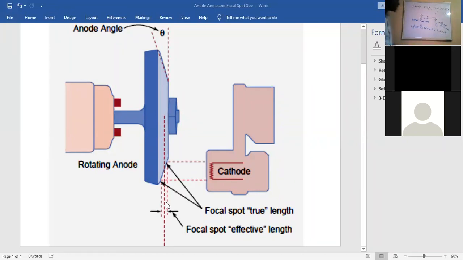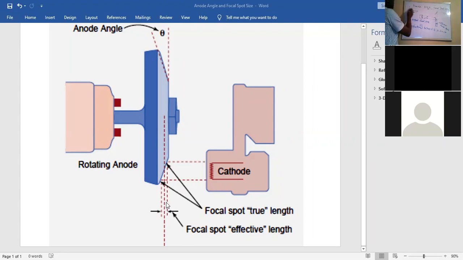We know sin theta increases from 0 to the maximum at 90.